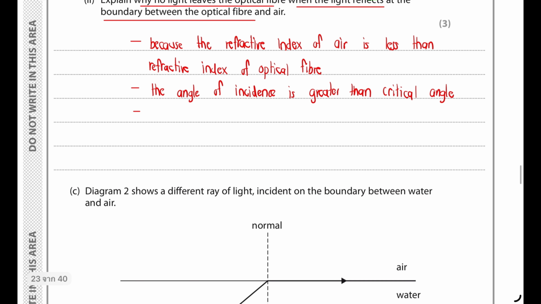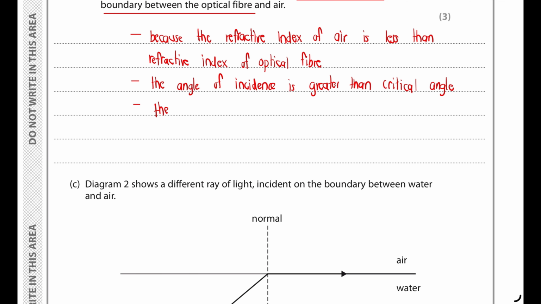Therefore, it will be total internal reflection.